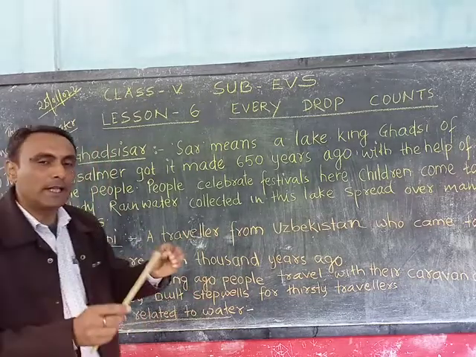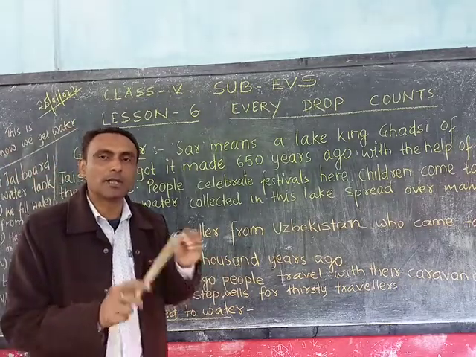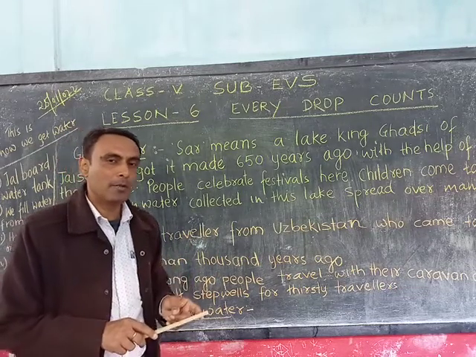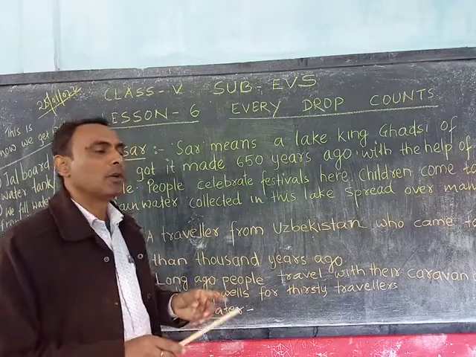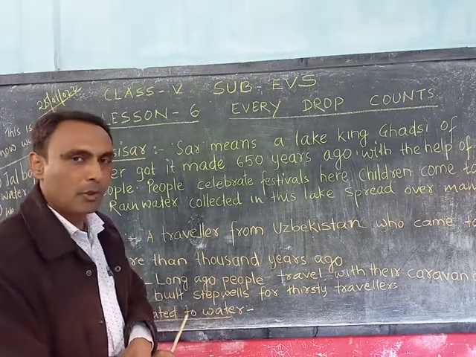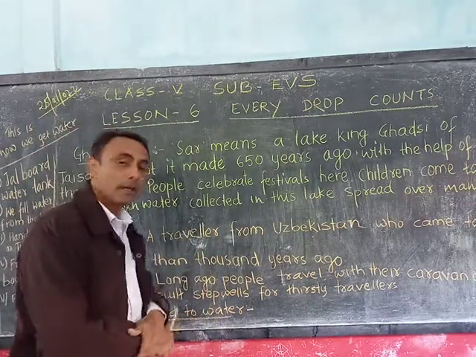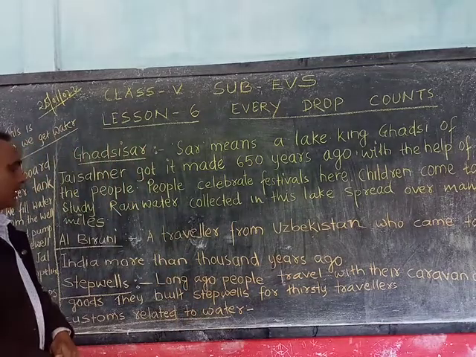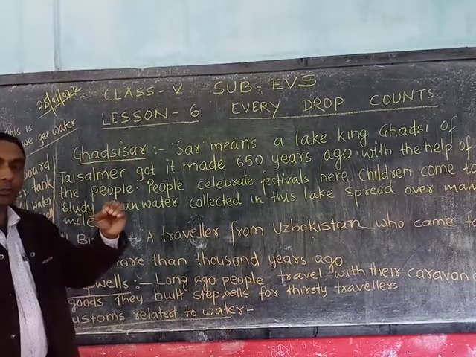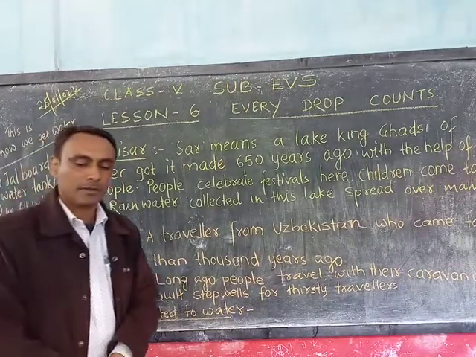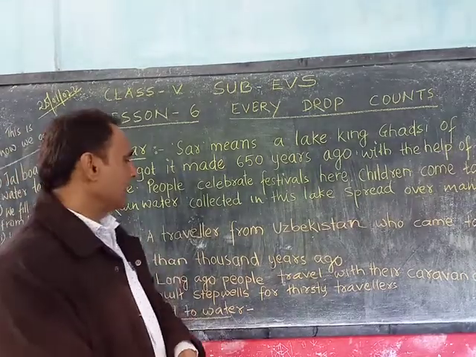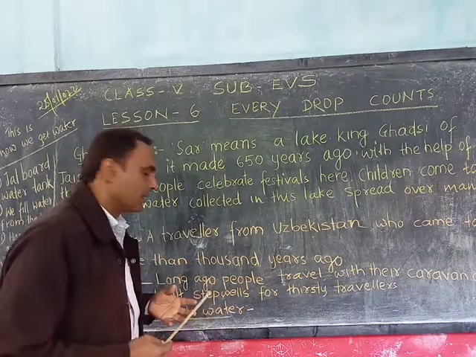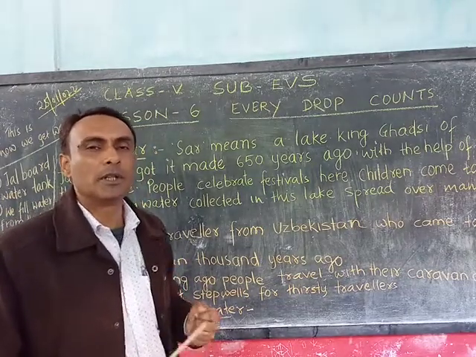So she goes there and worships that particular source of water, either tap or well or anything from where she gets water. Dear students, it shows how deeply we are connected with water.